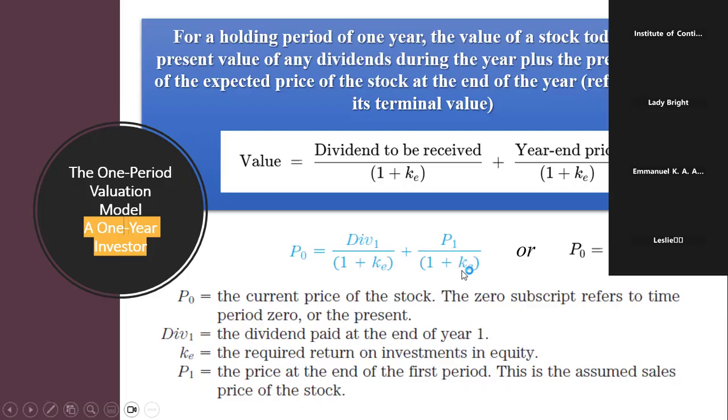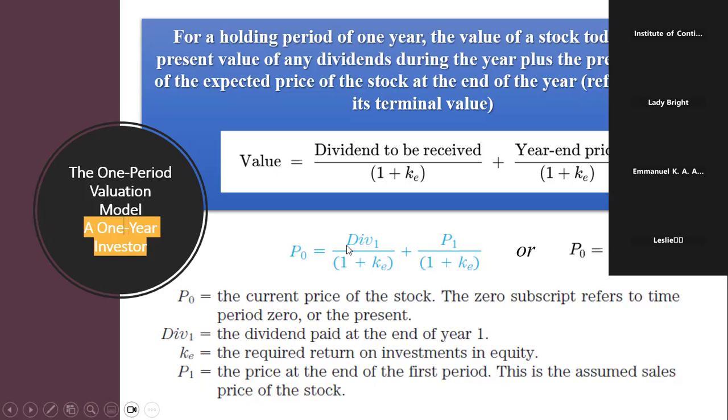Also, interest rates expected by investors. Interest rate or required rate of return or market capitalization or discount rate. And this is also written as P0 is equal to D1 plus P1 over 1 plus K. So the formula on the left is the same as that on the right.